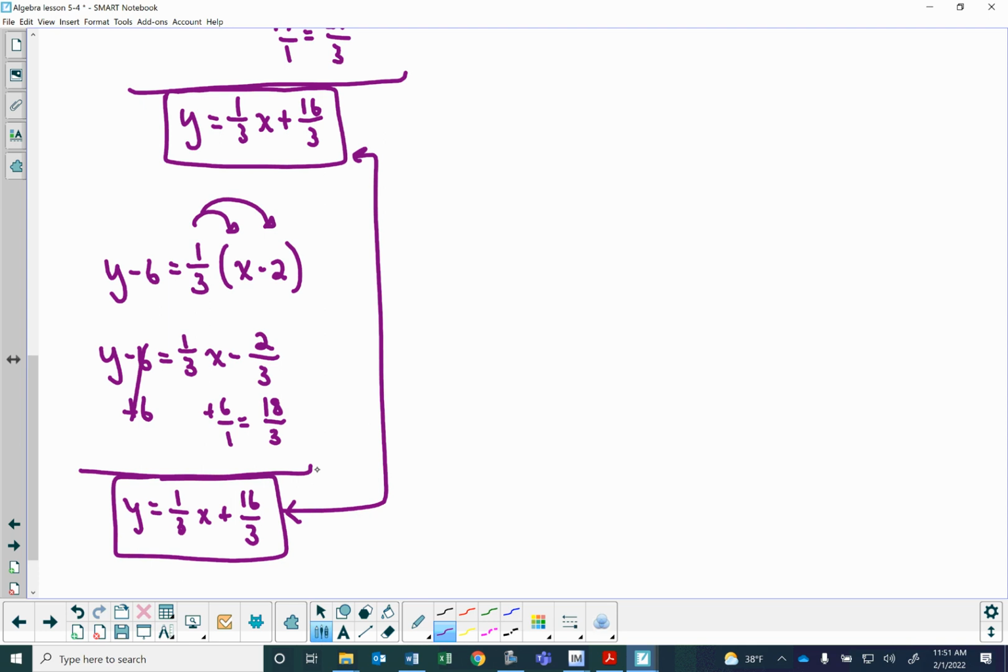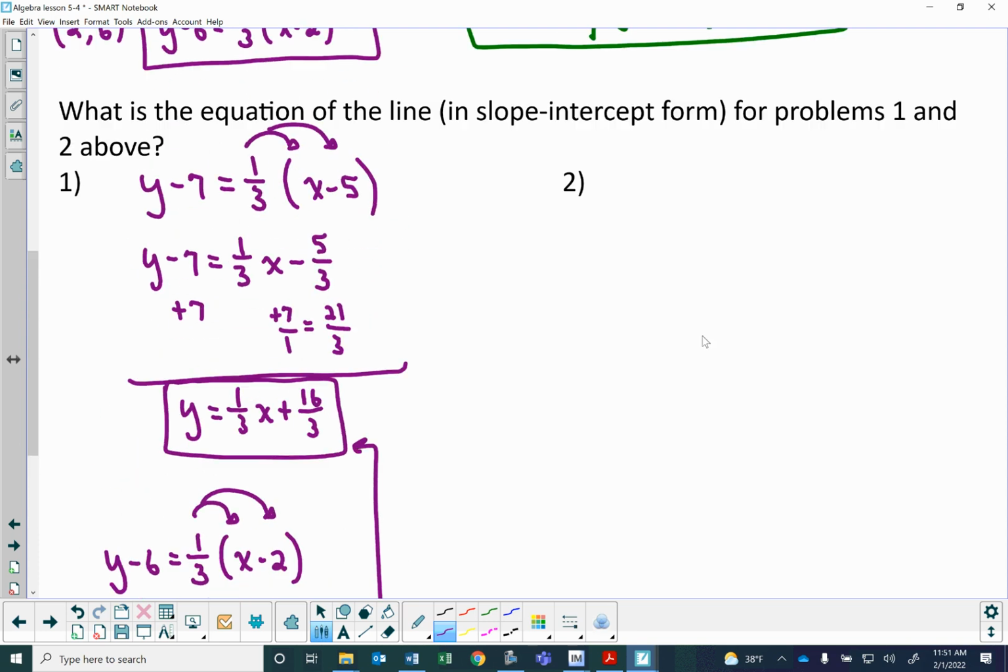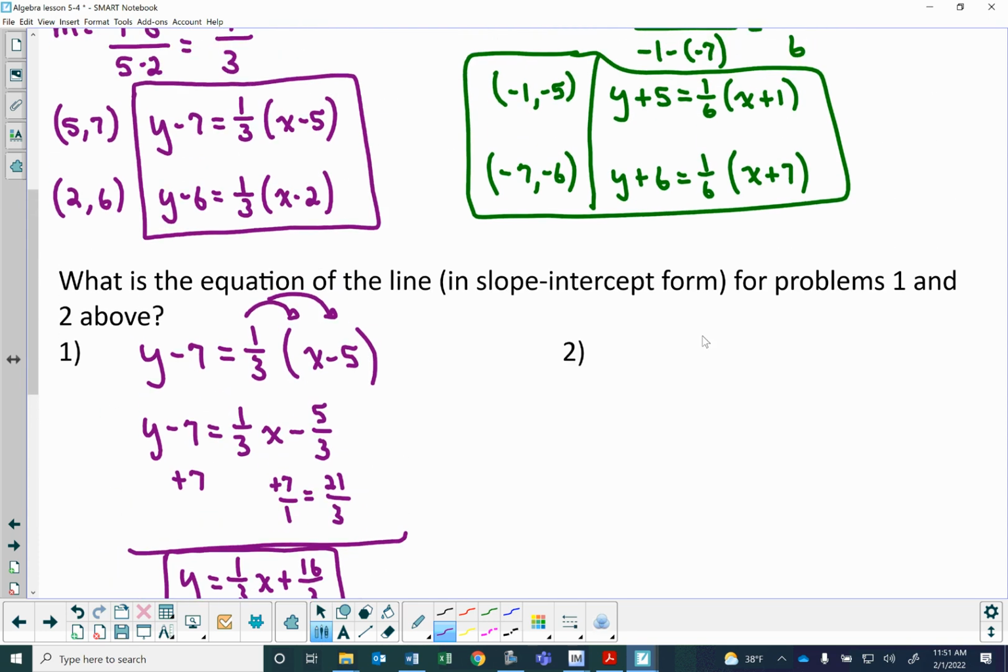However, you do need to know how to write things in point-slope form, because point-slope form is the first step to getting slope-intercept form. So let's look at problem number 2. Since it does not matter which one we use, we should get the exact same equation either way. I'm only going to do the top equation. I'm going to manipulate the y plus 5 equals 1/6, parentheses, x plus 1.